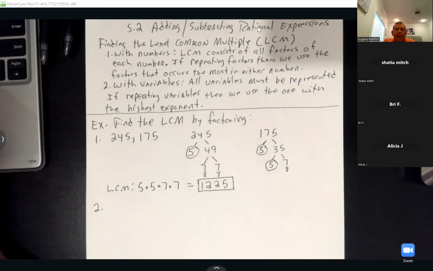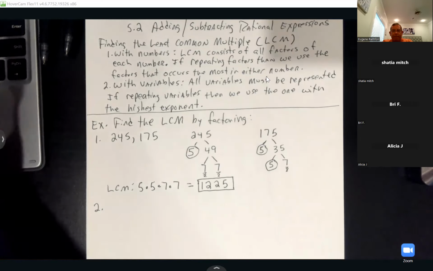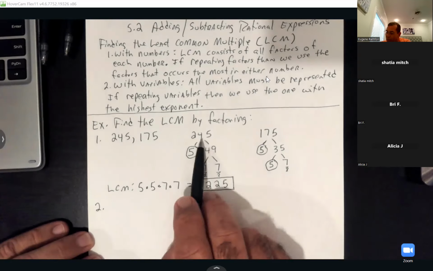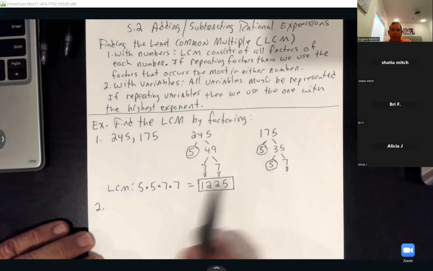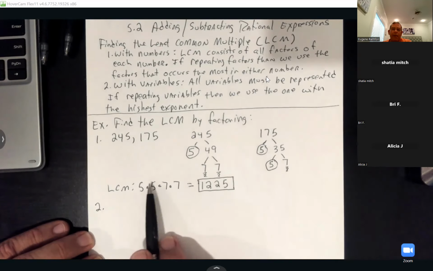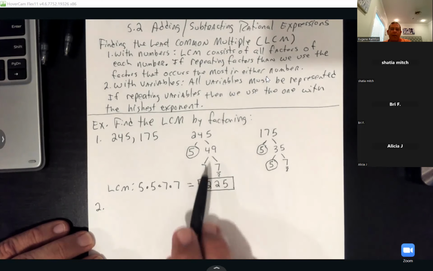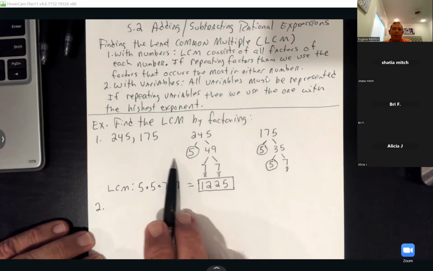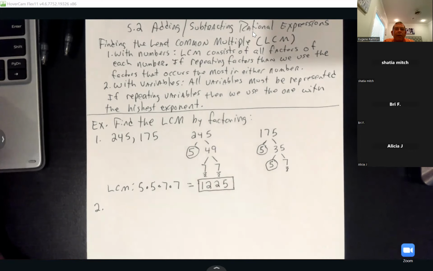All right, let me see my chat. Okay, so you know, that's cool because then that's what we want to do. We're just going to break down the numbers until we find numbers that happen the most in either of these categories.